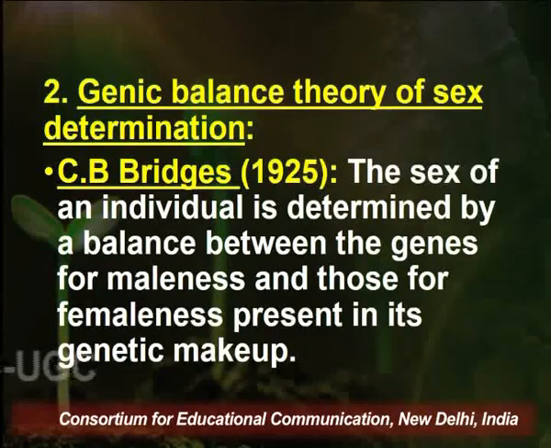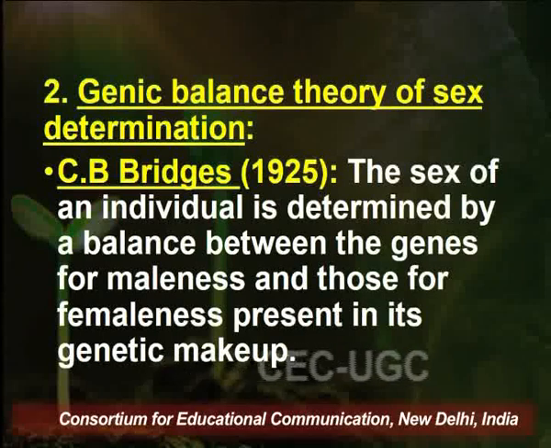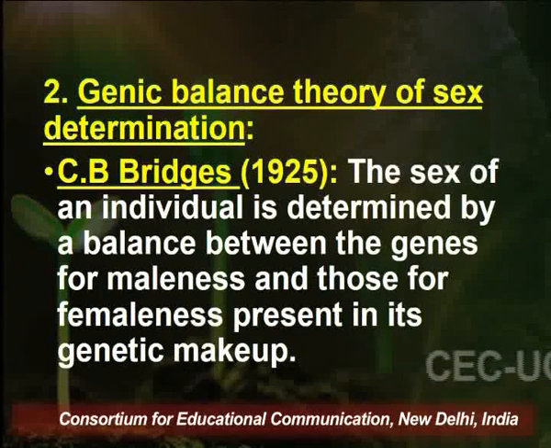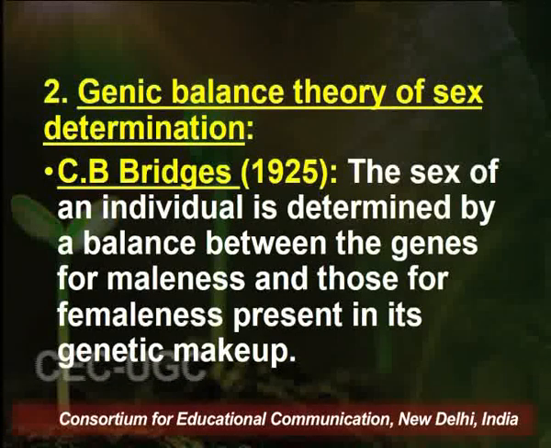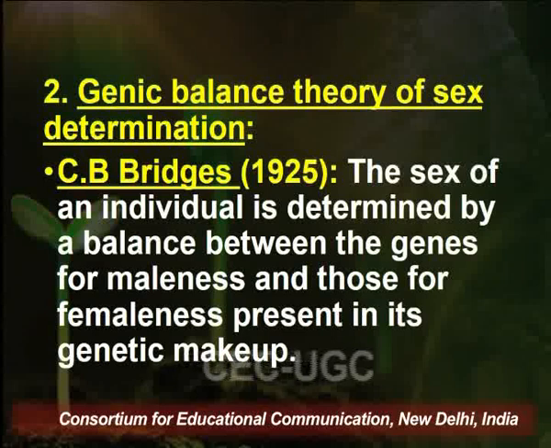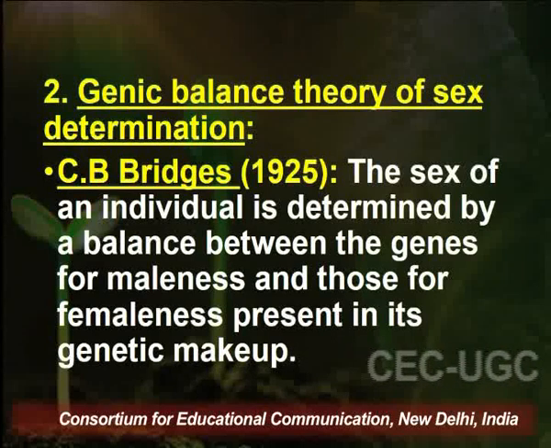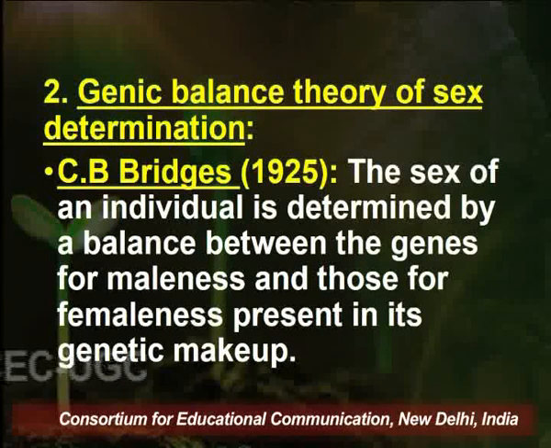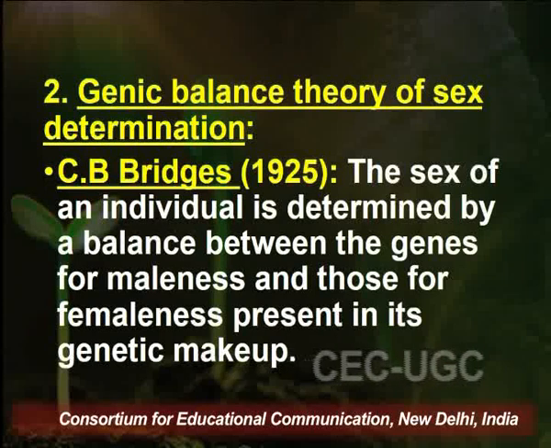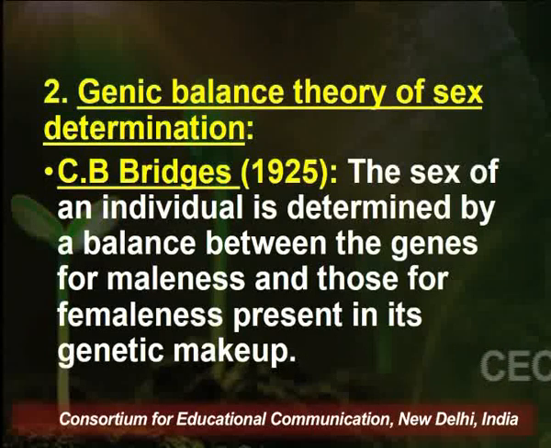Then another modern theory is the genic balance theory of sex determination, which, you remember, was given by Calvin B. Bridges in the year 1925, and we had a detailed discussion on sex ratios of Drosophila melanogaster. Here, the sex of an individual is determined by a balance between the genes for maleness and those for femaleness present in its genetic makeup.